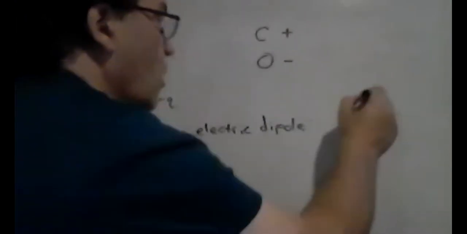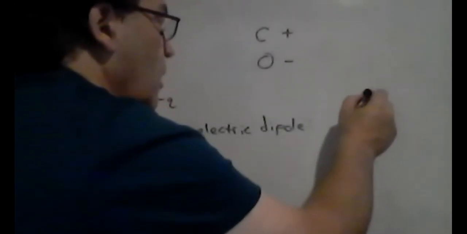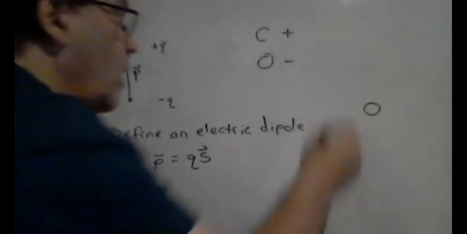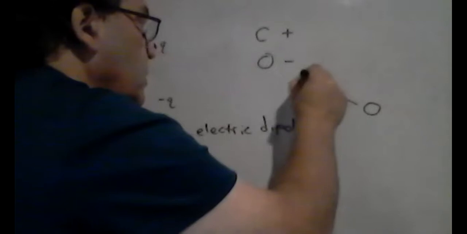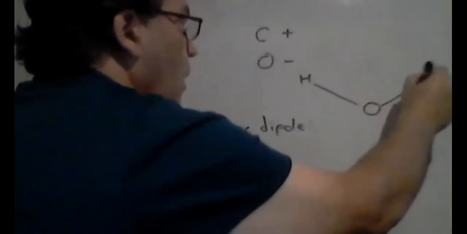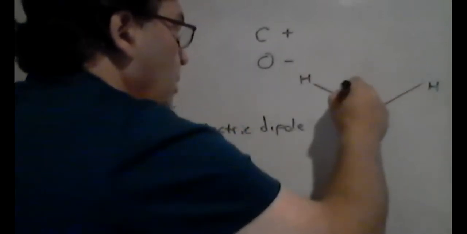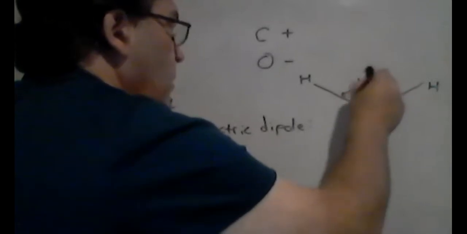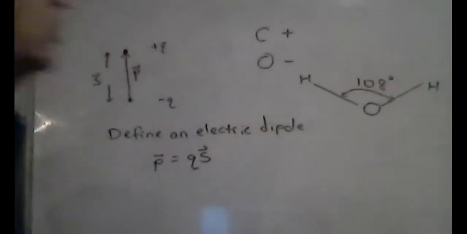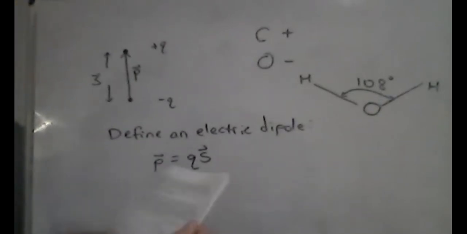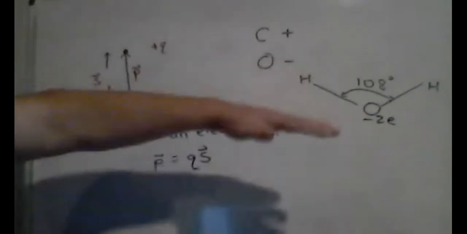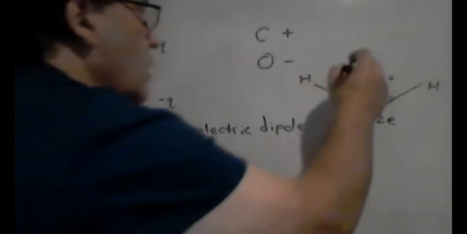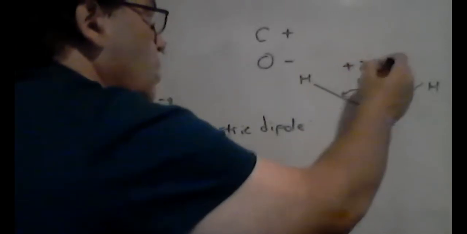For water, you have the oxygen atom, and each of the hydrogens is at an angle from the other. This is a molecule we know very, very well. It is polar in that it has basically a negative 2e overall charge on one side of it and an overall positive 2e charge on the other side.